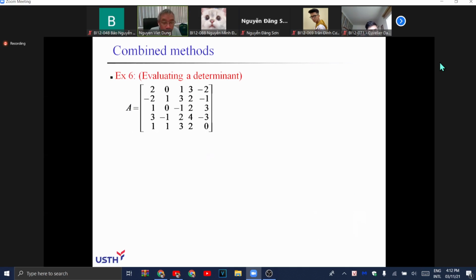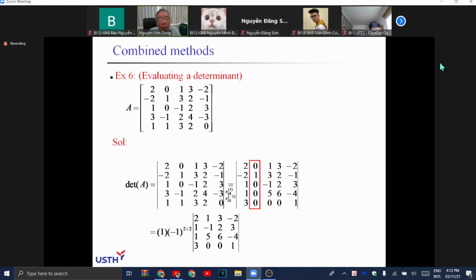The next example is much more difficult for you. Now A is a big enough matrix like that, a 5 by 5 matrix. You need to find the determinant of A. In the first step, we apply elementary row operations like that.